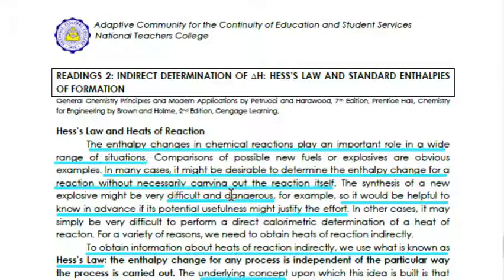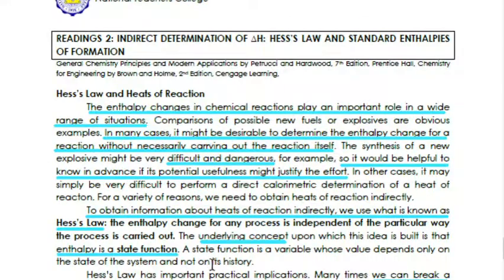And then to obtain information about heats of reaction indirectly, we use what is known as Hess's law, which states that the enthalpy change for any process is independent of the particular way the process is carried out. So the underlying concept of this is that enthalpy is a state function.